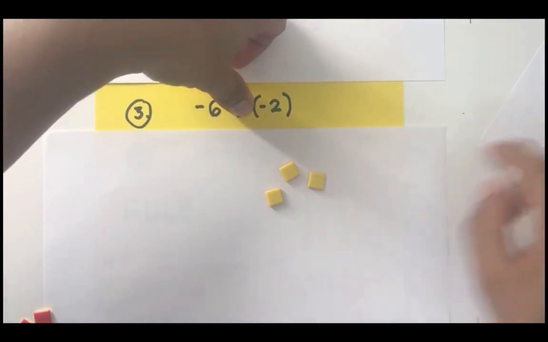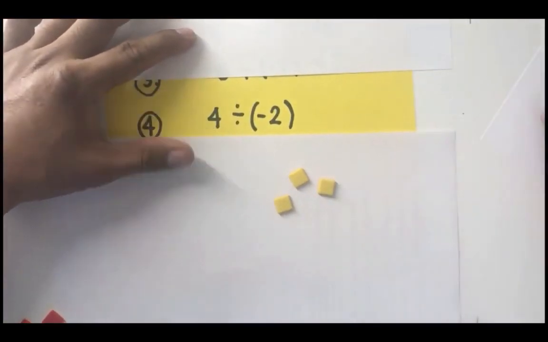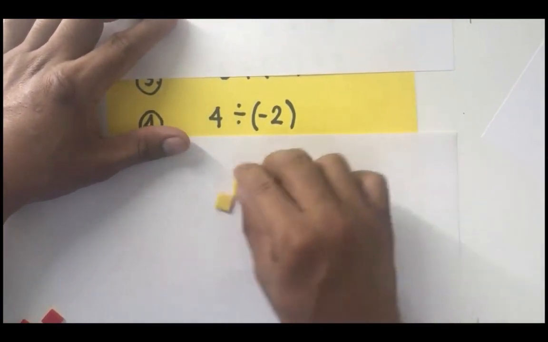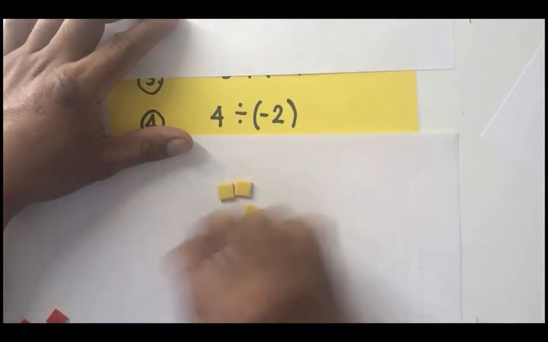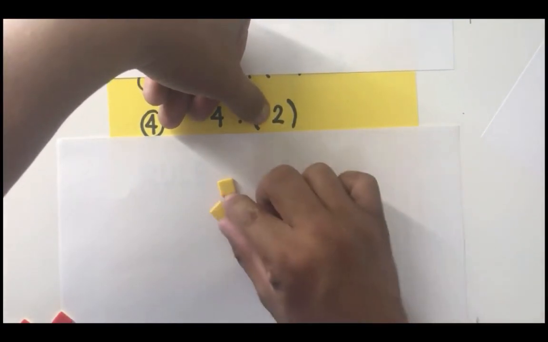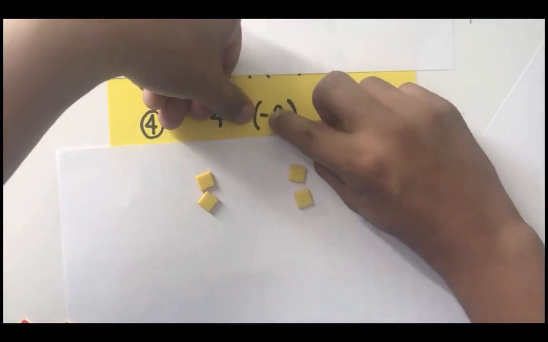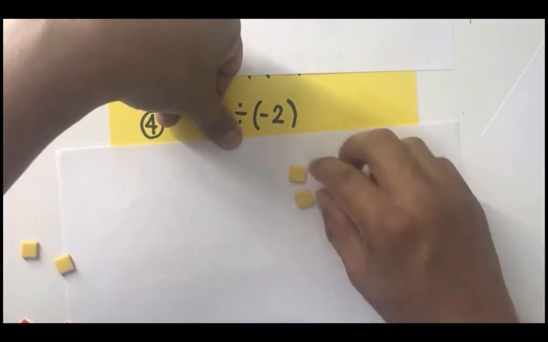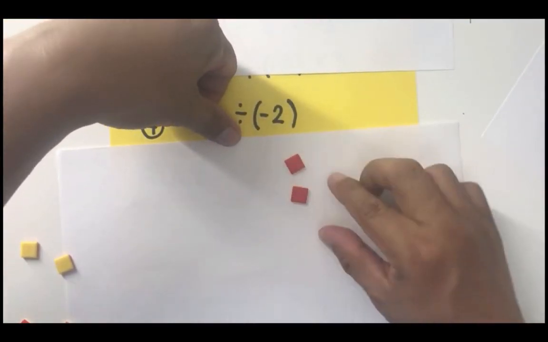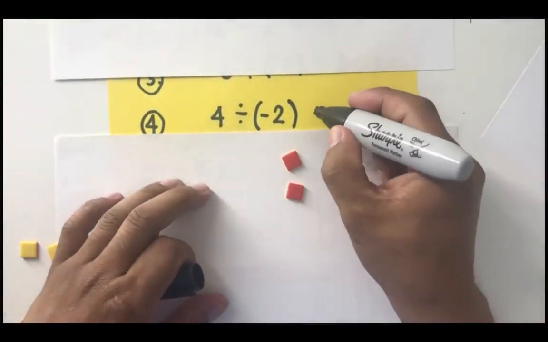So our answer is positive 3. And then 4 divided by negative 2. So you need 4 items, and you have to divide them first into 2 groups. First group, second group. And then because of this negative sign, we have to flip over the quotient. So we get negative 2 as our answer.